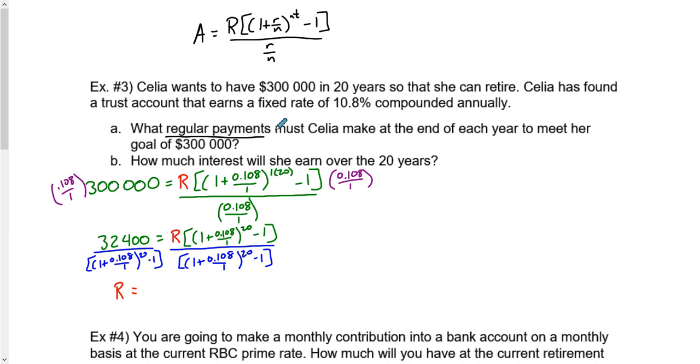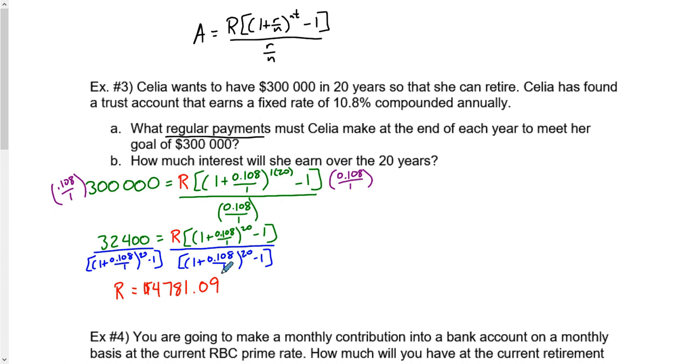So how much is she going to have to put away regularly? Let's type into the calculator. We get $4,781.09.